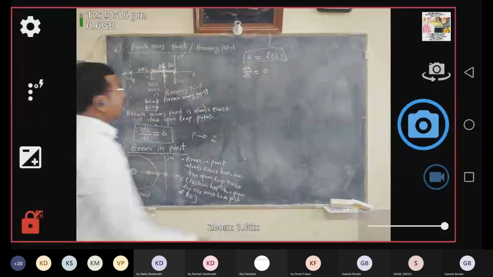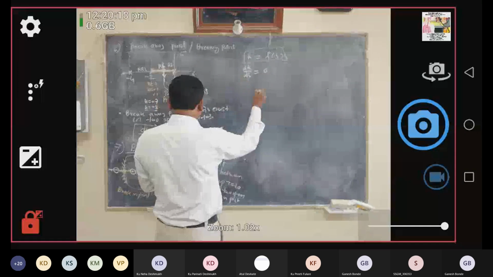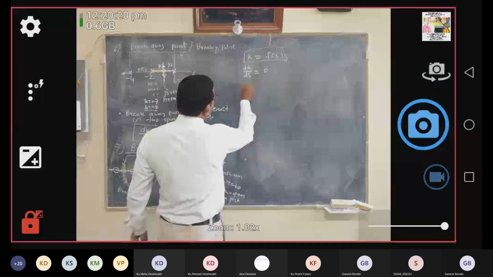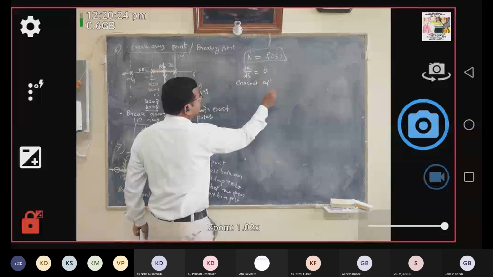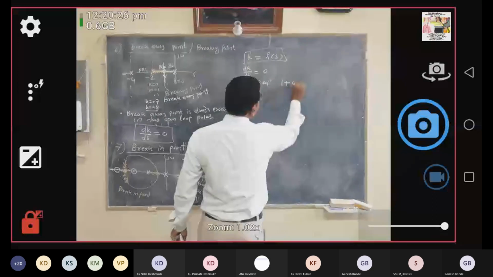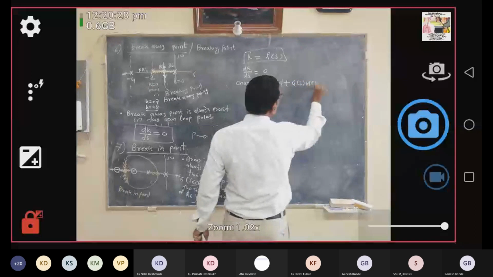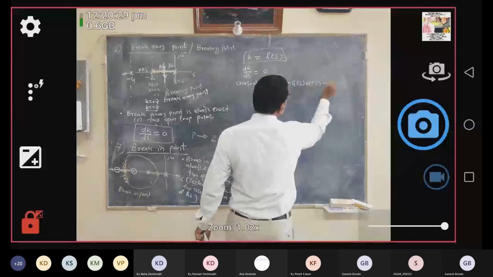So let's take an example. The characteristic equation is given by 1 plus G of s into H of s equal to 0. This is the generalized expression for the characteristic equation.